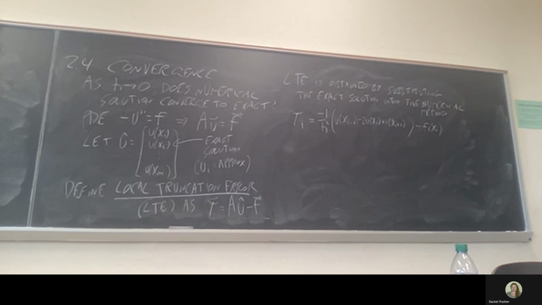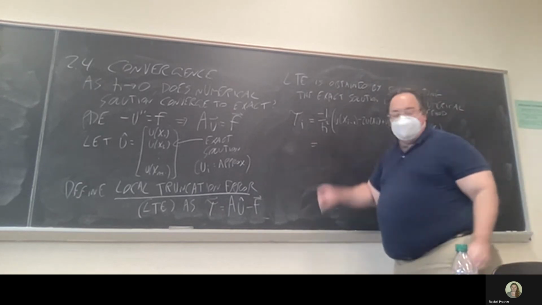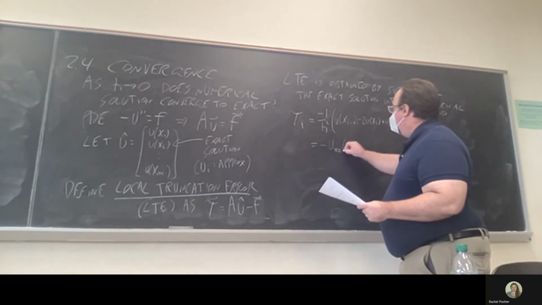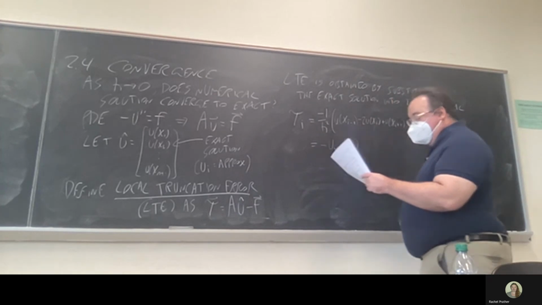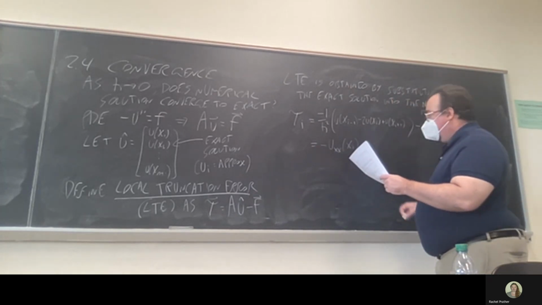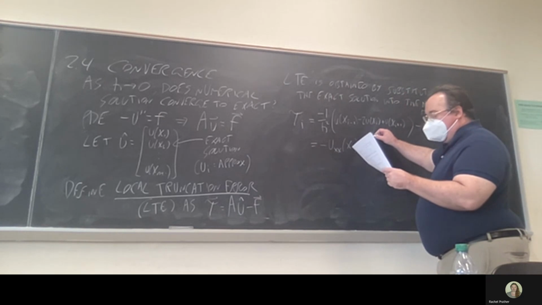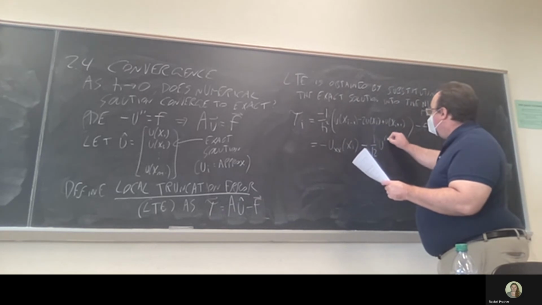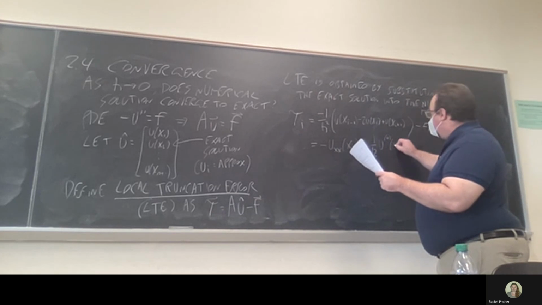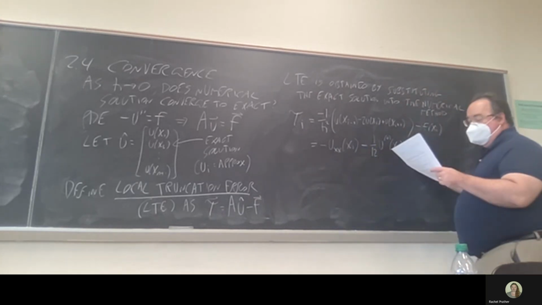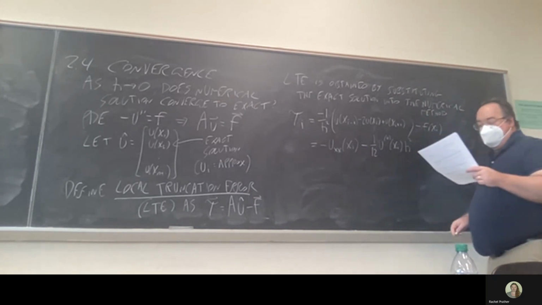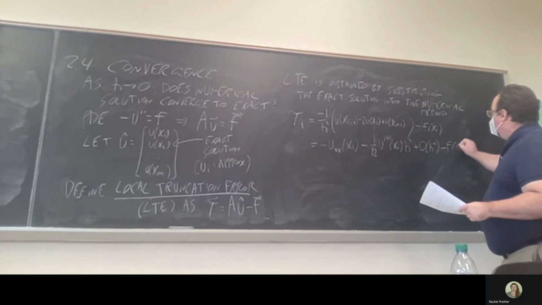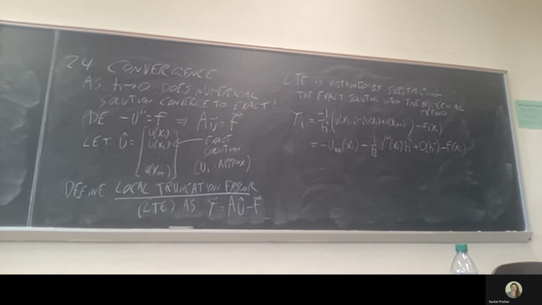But because it is a center difference approximation, we know that this is equal to minus uxx at xi, and some error. So the error term in this case is minus 1/12 times the fourth derivative of u at the same point, h squared. It is a second order accurate approximation, and then there'll be additional error terms that are order h to the fourth, minus f of xi.